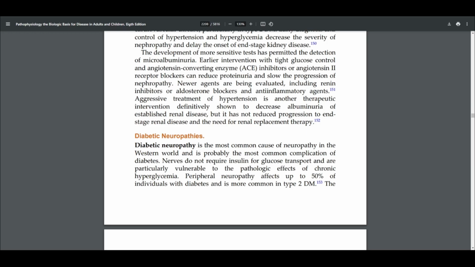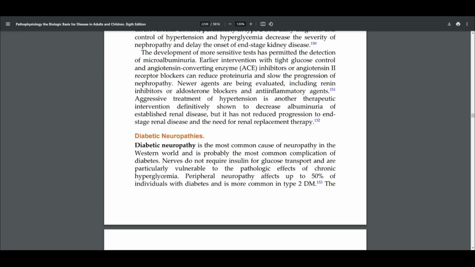The development of more sensitive tests has permitted the detection of microalbuminuria. Earlier intervention with tight glucose control and angiotensin-converting enzyme inhibitors or angiotensin II receptor blockers can reduce proteinuria and slow the progression of nephropathy.